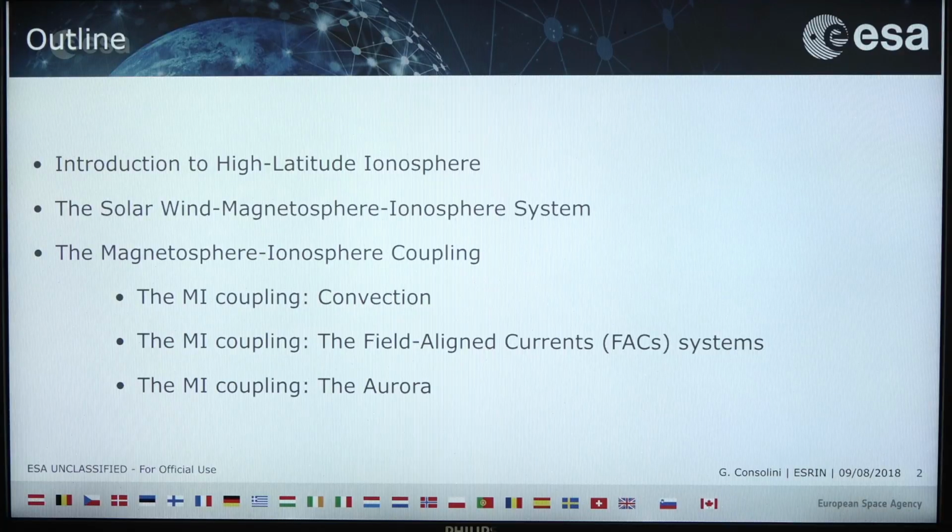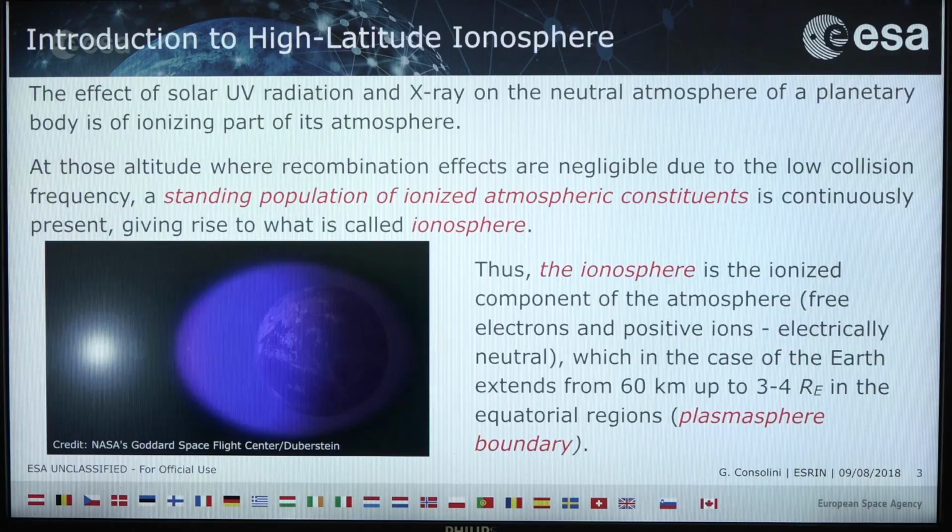We have a big system from the Sun through the solar wind to the magnetosphere to the ionosphere system. And then I will introduce some of the most relevant aspects of the magnetosphere-ionosphere coupling, so the convection, the field-aligned current systems, and the aurora.